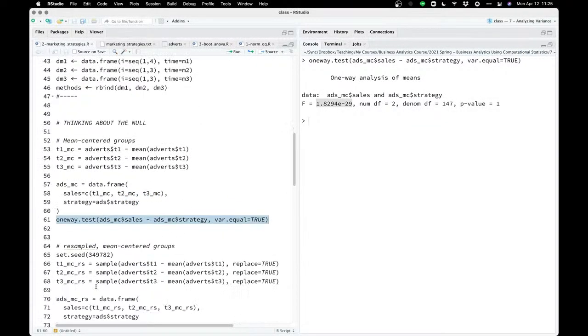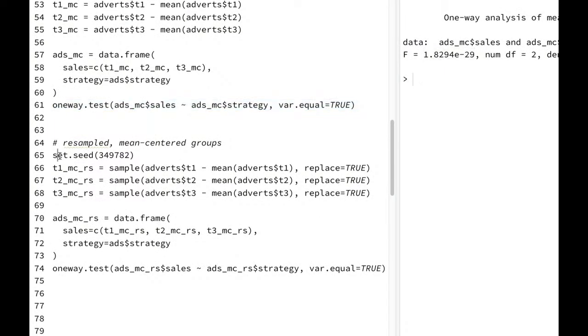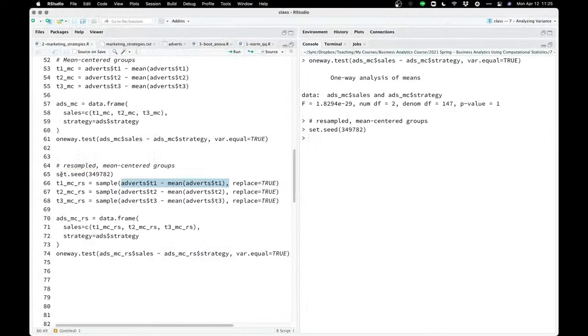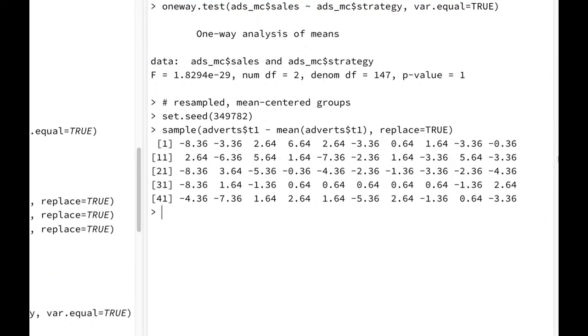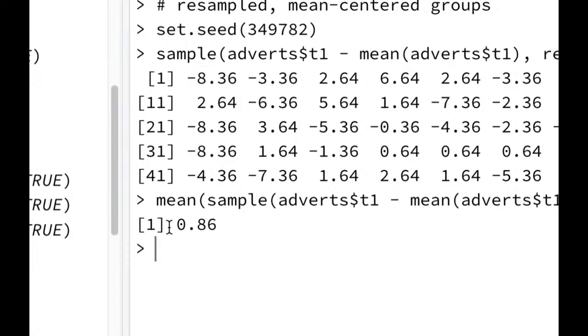Instead, and I'm going to set a seed here, I'm going to do what I did before, which is mean center, but this time I'm going to resample from the mean centered data. When I resample from it, its mean won't be 0 anymore.